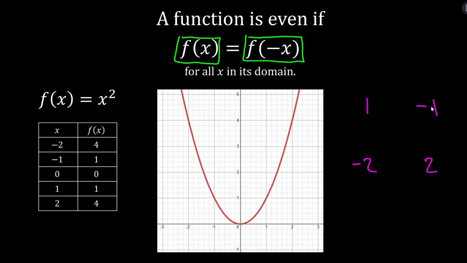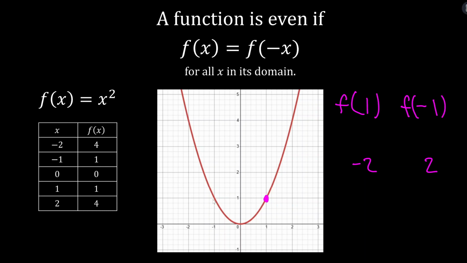So 1 and negative 1, for example. If x is 1, negative x is negative 1. What is f of 1? That's a y value. When x is 1, the y value is 1, and we're comparing that to f of negative 1, which is also 1, and so these two are equal. So when we have x values of opposite sign, their y values are always equal.